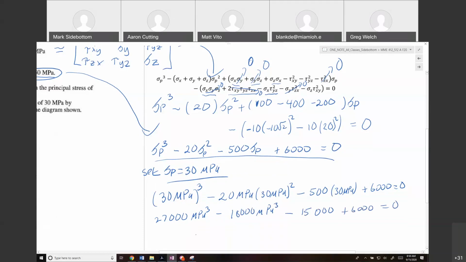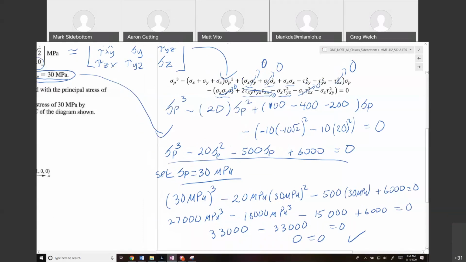Right, so we end up getting 3,300 minus 3,300, or 33,000. So we end up getting 0 does equal 0. Therefore, 30 megapascals would be one of our roots. Okay, so part A of the problem is finished.